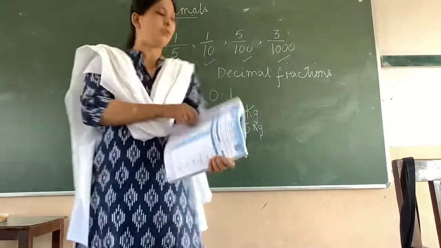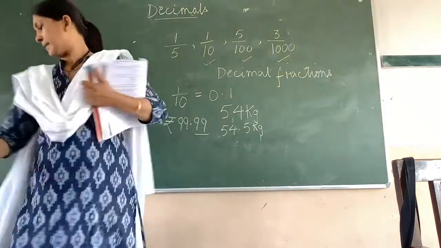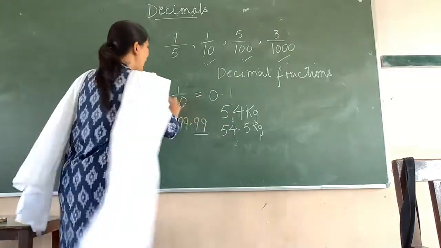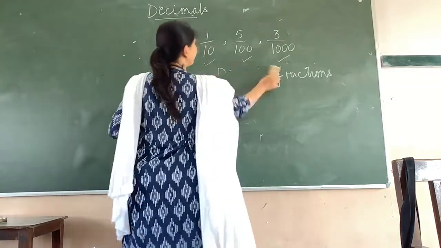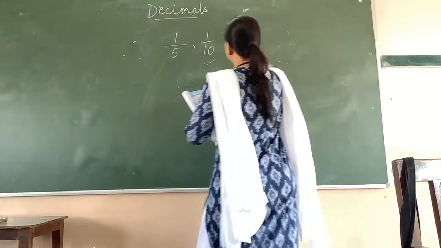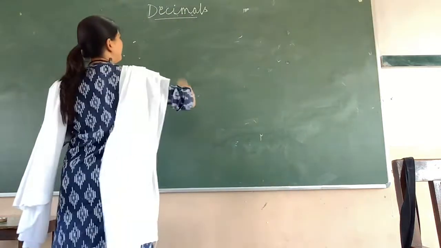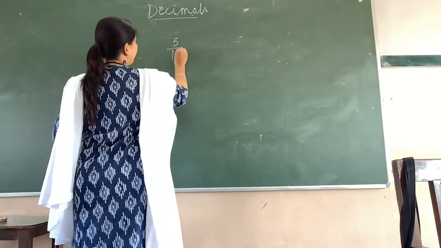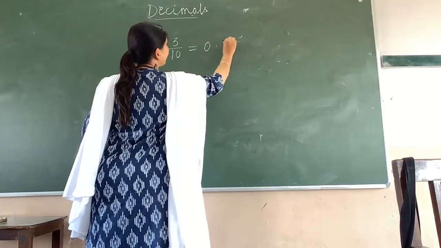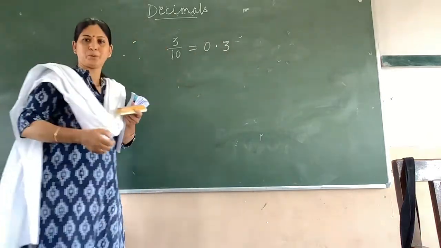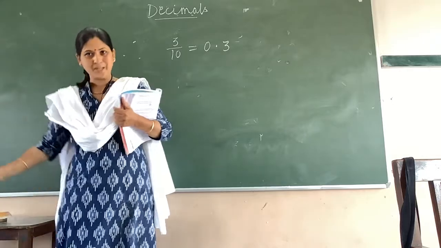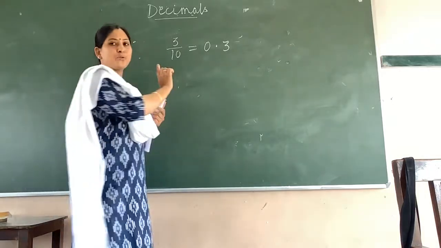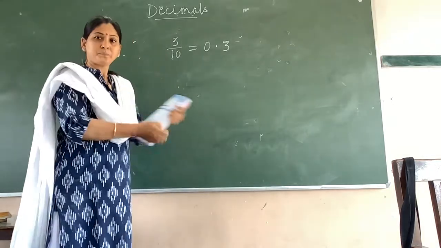In decimal, how can we write 3 over 10? It can be written as 0.3.